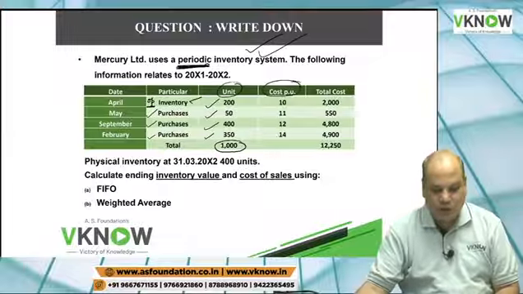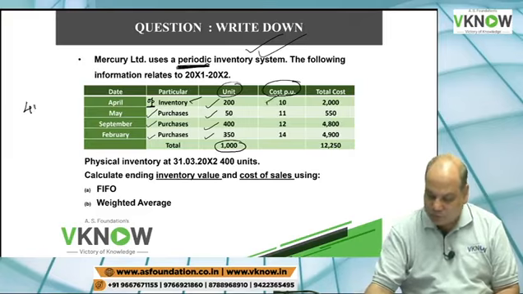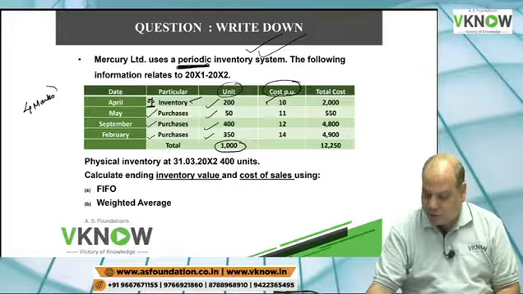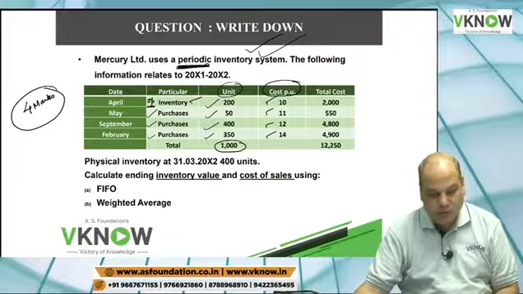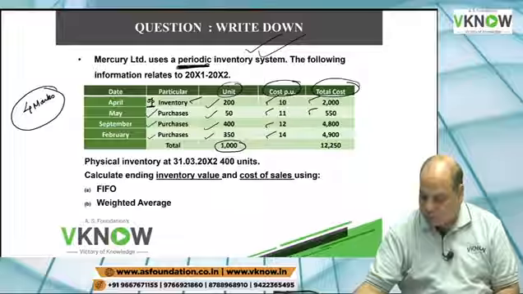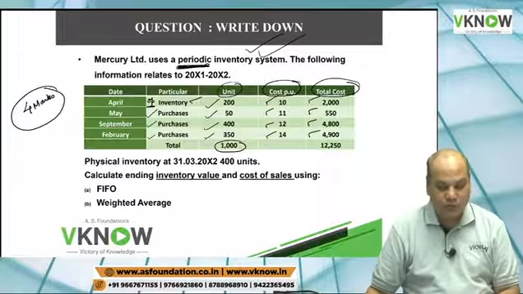Please write down the question in your notebook. This is a good question for 4 marks in the exam, waiting for being asked. 10, 11, 12, 14. Total cost 2000, 550, 4800, 4900.